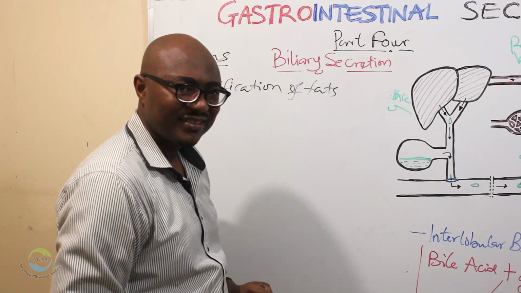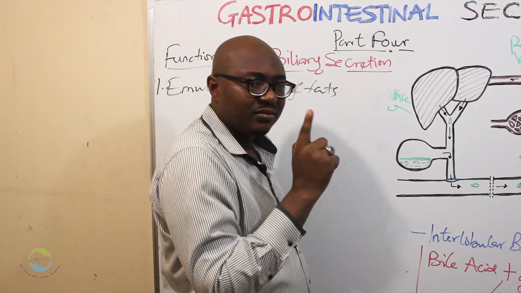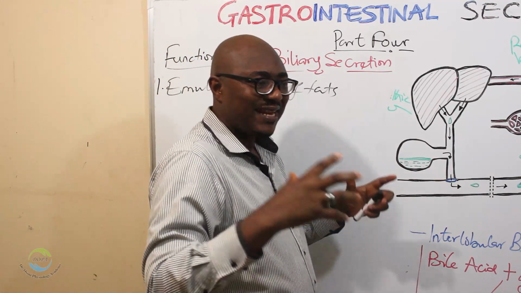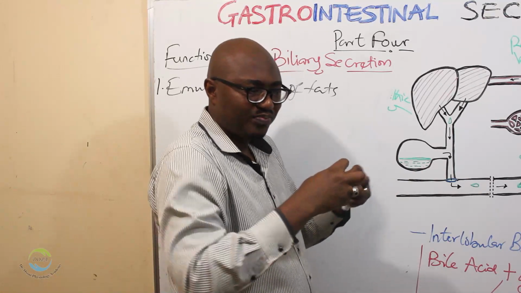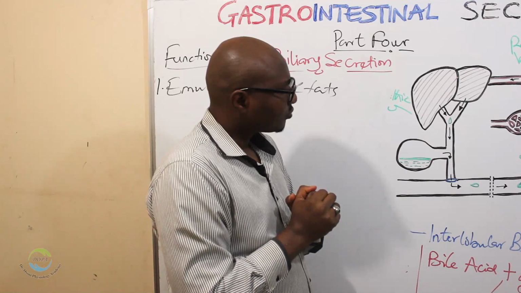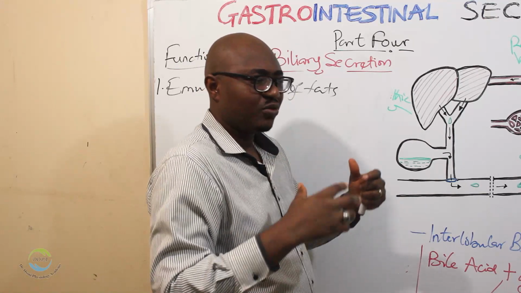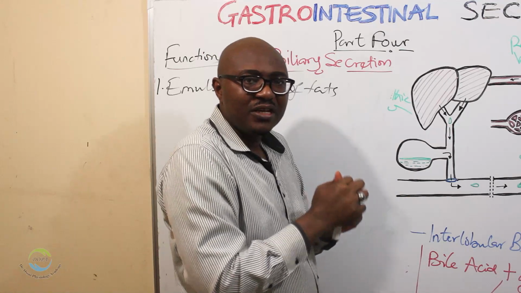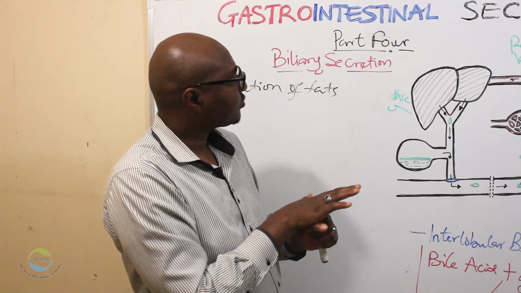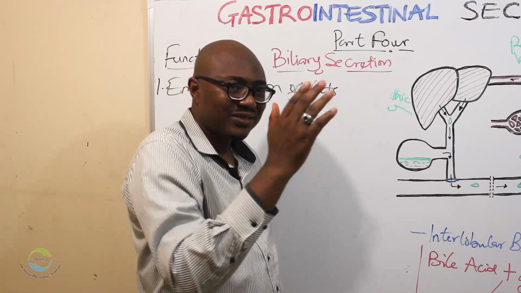Emulsification of fats. Now, one very funny property of fat is that they like to aggregate together into big lumps. So even if you chew fats, later they will come together and stick with themselves. So it is difficult for fats to be properly digested by lipases.